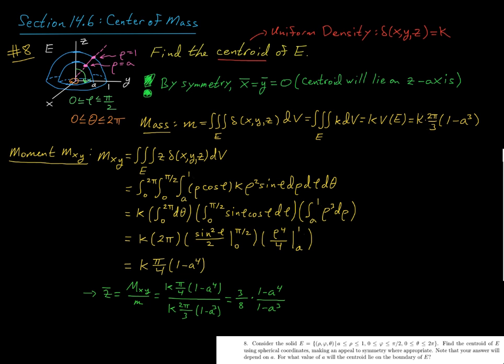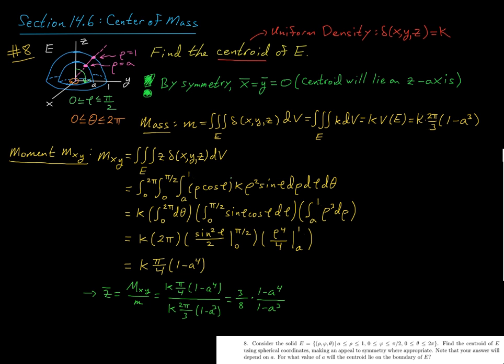All right, now I've gone ahead and split this integral up because we have a product of something that depends only on phi, which is just the sine phi cos phi. So that's this phi integral here in the middle. Then we have this rho cubed, and that's peeled off over here.